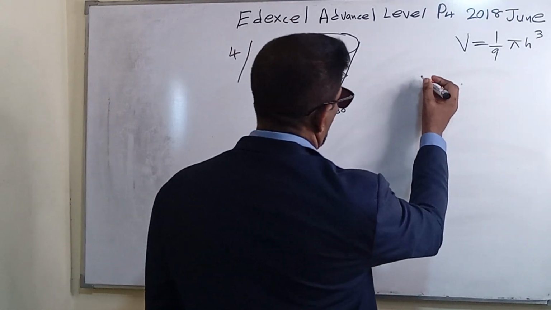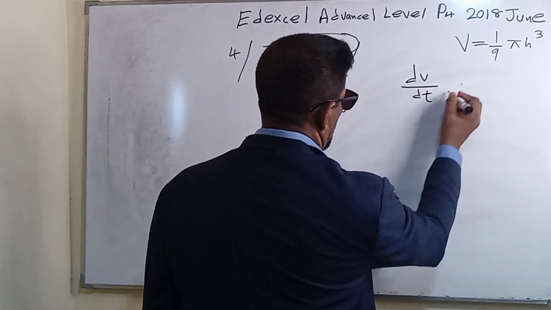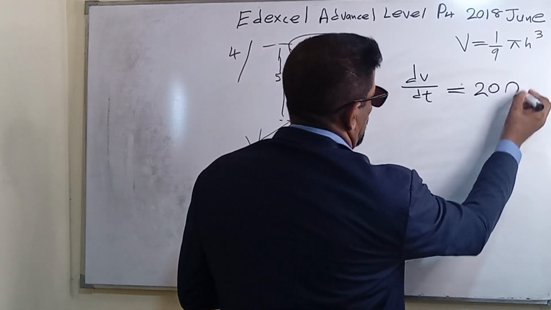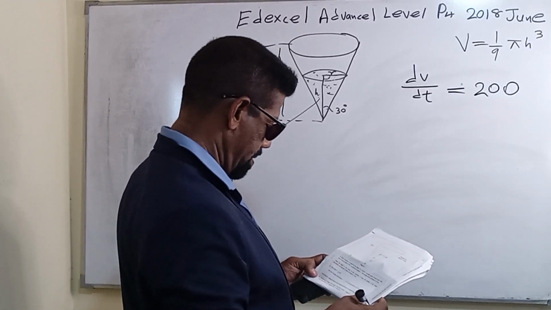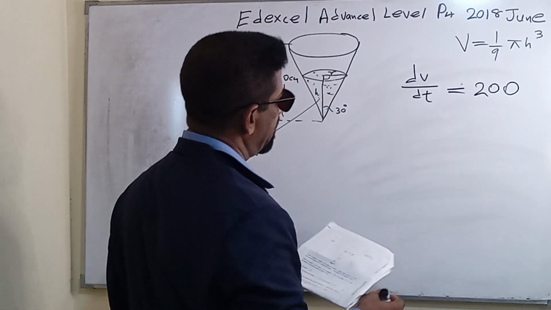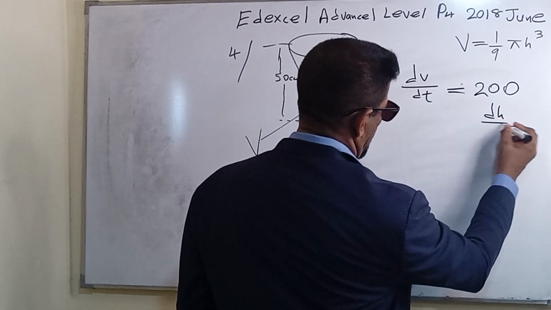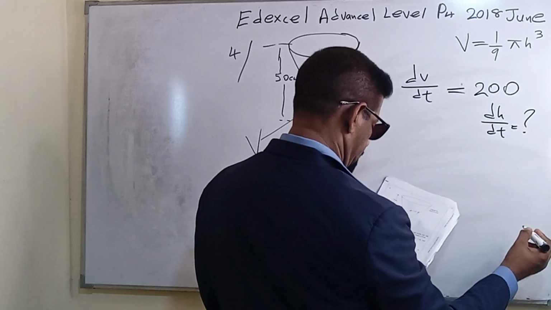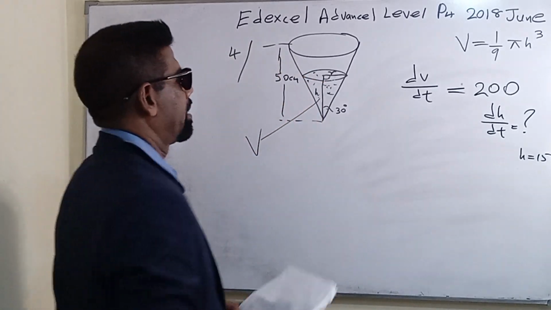What is the meaning of volume increases? dV by dt equals 200 cubic centimeters per second. Find the rate of change of depth of the water when the depth is 15 centimeters. The rate of change of depth is the fraction dh by dt.